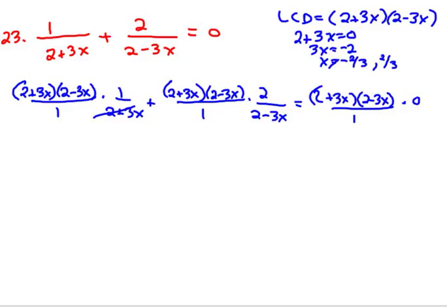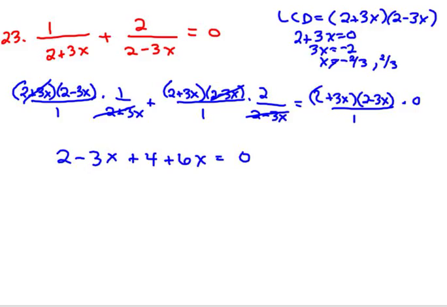Here the 2 plus 3x cancels, leaving you 2 minus 3x times 1, which is 2 minus 3x, pardon me. Here the 2 minus 3x's cancel, so you need to distribute the 2 times the 2 plus 3x to get plus 4 plus 6x, and 0 times anything here is 0.